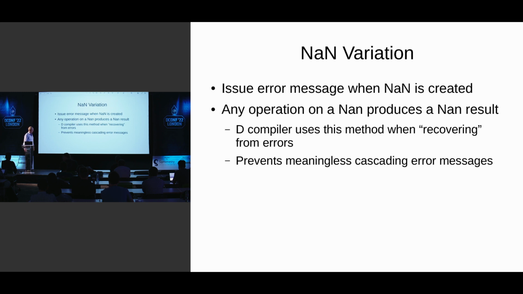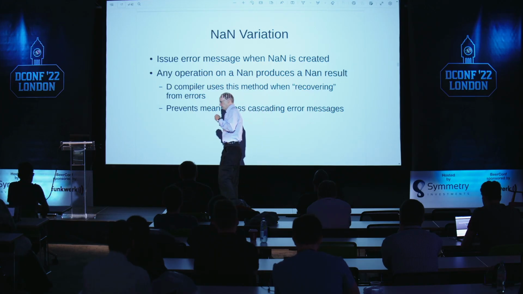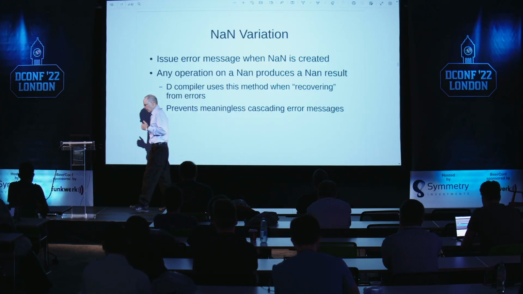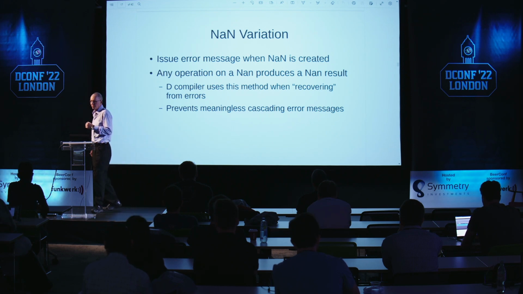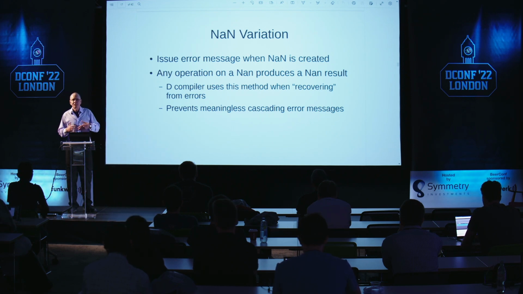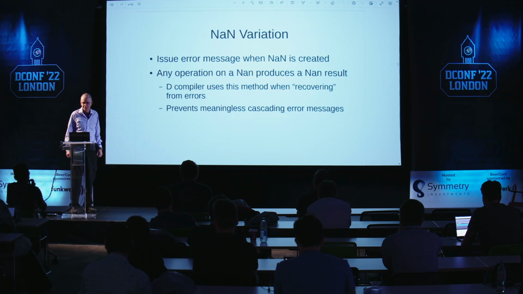And this worked out great. The error messages most of the time, or far more frequently, are accurate and they're not cascaded garbage error messages. And it also makes the code simpler too, because on the children of your node, you just look to see if they're error nodes, and if they are, you just return another error node for it.